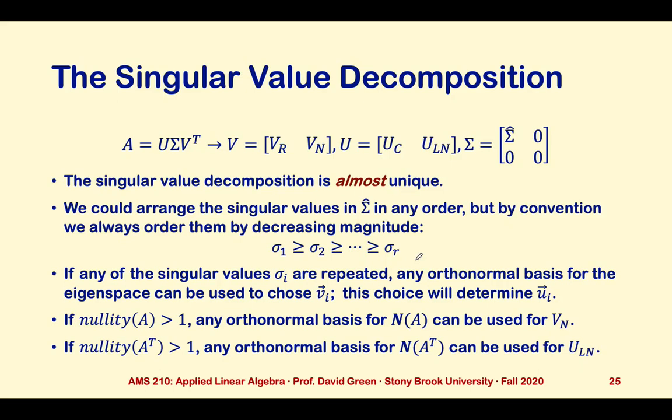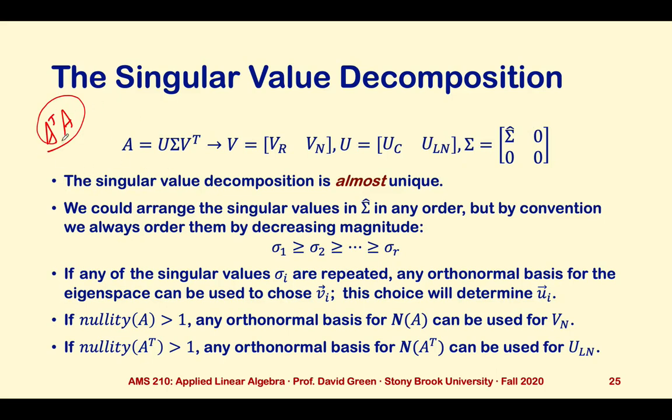In conclusion, I want to discuss a little bit about the uniqueness of the singular value decomposition. We've shown a procedure by which we can find a singular value decomposition. It starts with A transpose A. We find the eigenvalues. That allows us to define our singular values sigma by taking square roots.